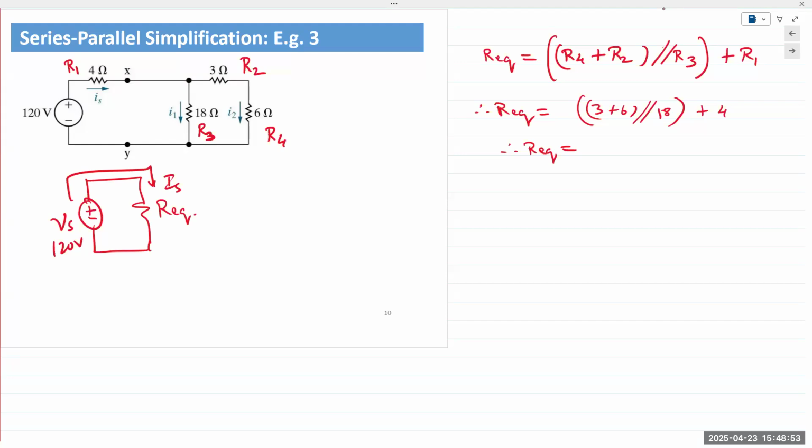Anyone? 10, 10, 10. All right, great. Thank you. 10 ohms. Does everyone have the same answer? The back, the left, the room? Okay, 10 ohms.